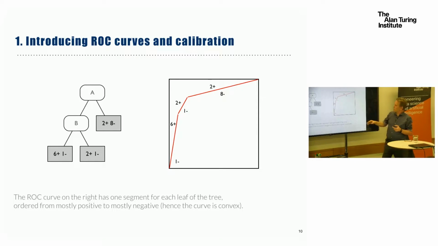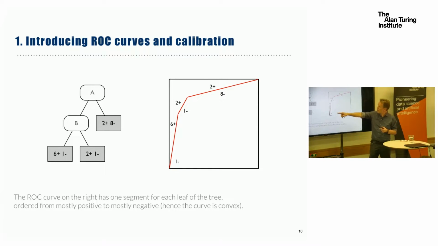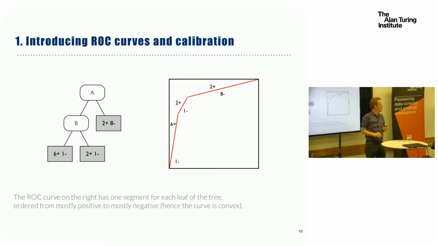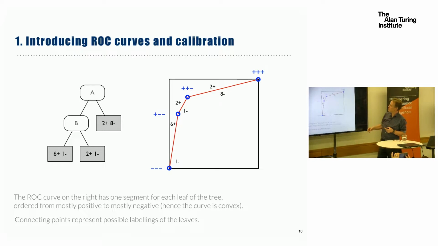And the way I think of this, particularly if you have trees, if you have 3 leaves, you have 3 segments in that curve. And we have 3 of these line segments, which clearly map to the numbers over there. But also what's important, you have 4 operating points of this classifier. And the operating points could be visualized this way.